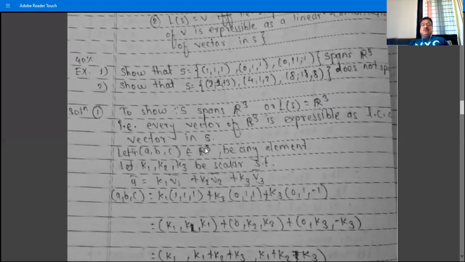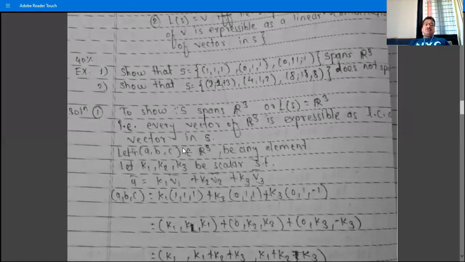Now what we have to show? This R3 contains infinitely many vectors, and we have to show each vector of R3 is expressible as a linear combination of these three vectors. So for that we take any vector from R3. Let u bar equal (a, b, c) belong to R3 be any vector from R3.